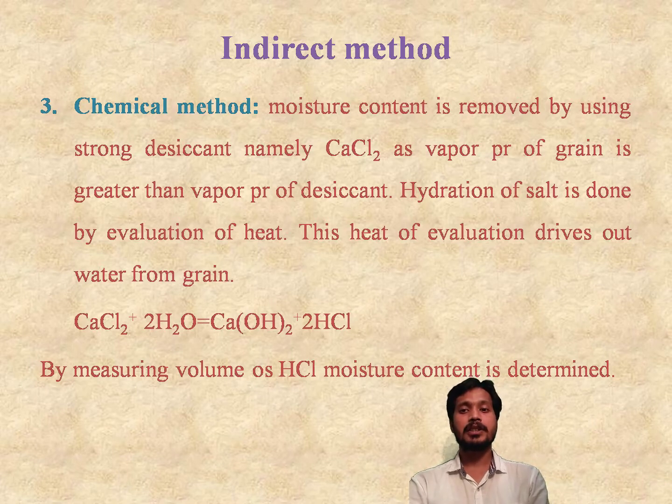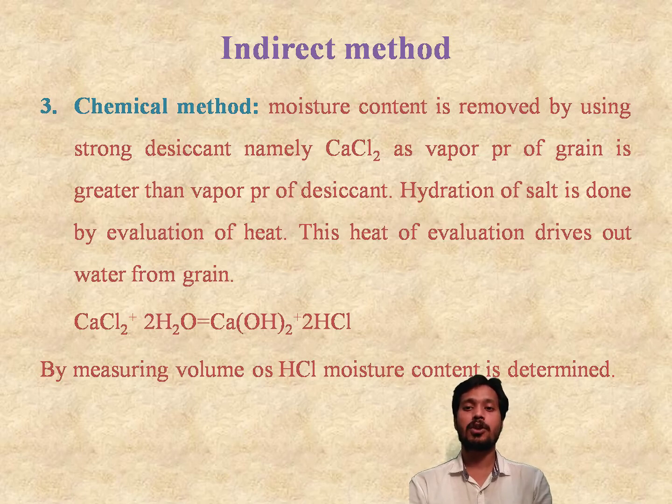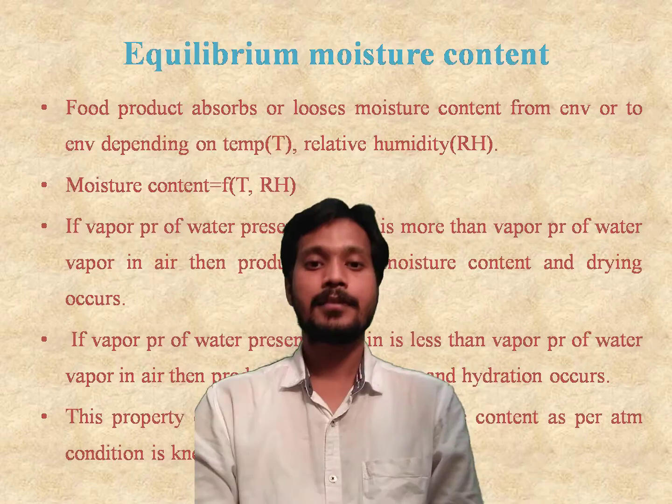Now, hydration of salt is done by evolution of heat, and this heat of evolution drives out water from grain. So one equation is given here. You see, calcium chloride plus 2 molecules of water produces calcium hydroxide plus 2 HCl. So by measuring the volume of HCl, we measure the moisture content amount in percent db or percent wb.